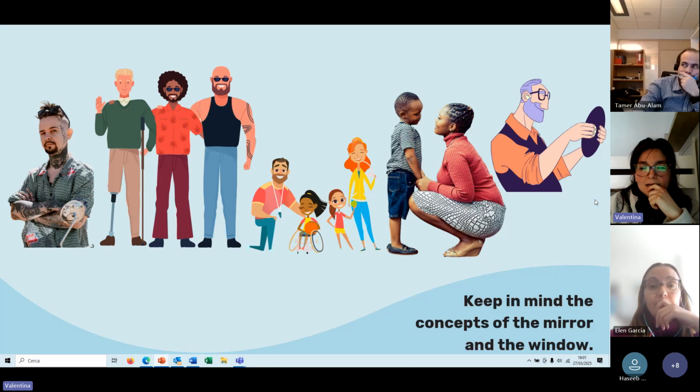And we should obviously always keep in mind this concept of mirror and window, and try to use different kinds of characters in our content. And it's not just about race or gender, but also about the size of the characters.